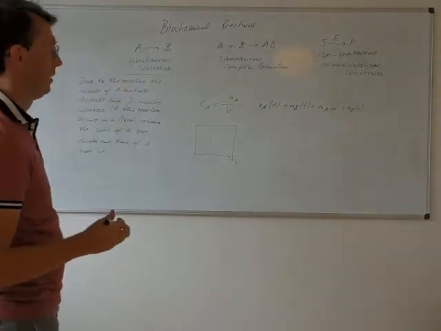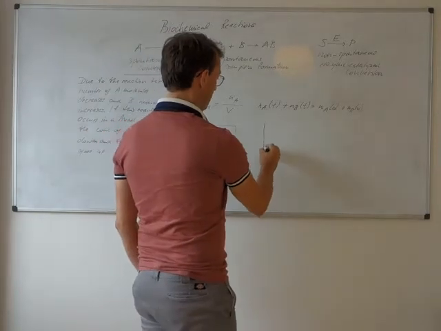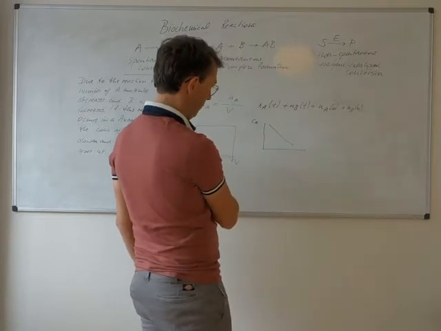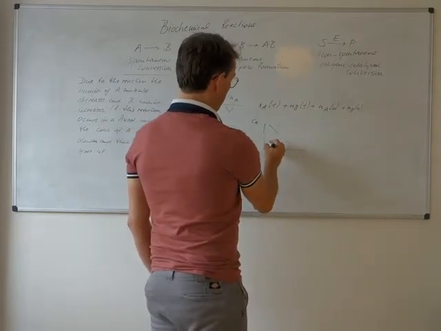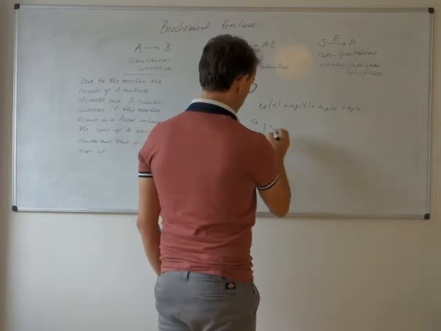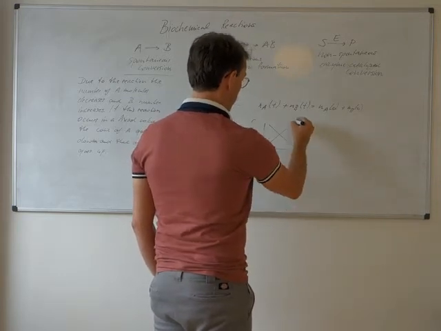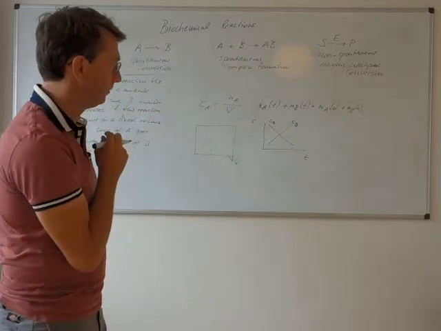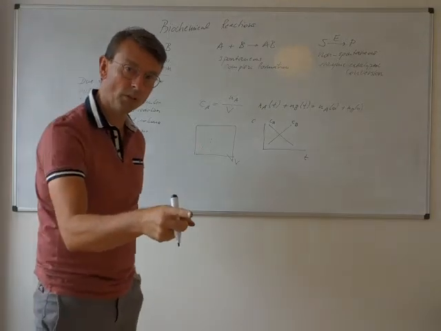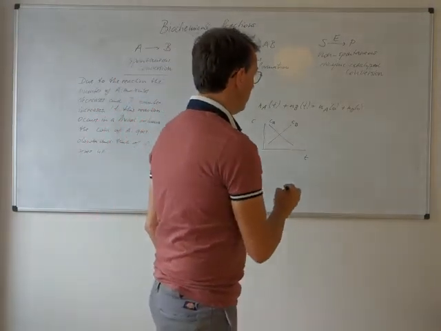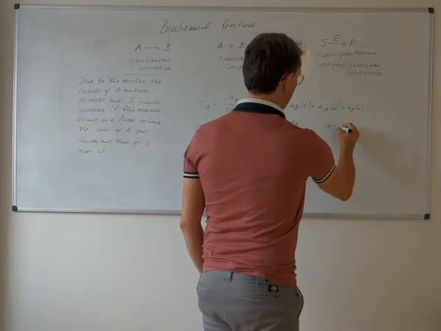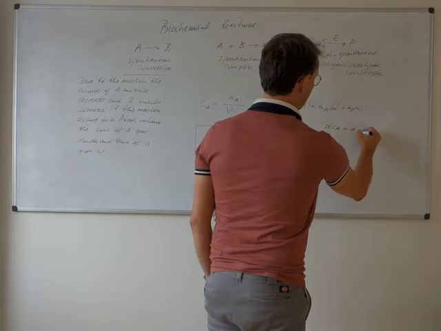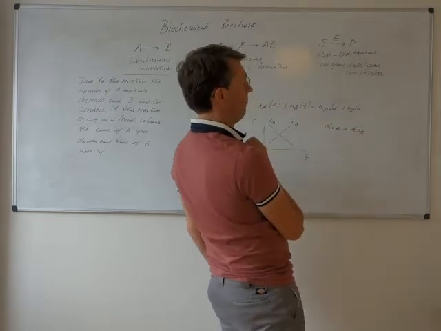So that must mean that if the concentration of A goes down, that of B goes up. In fact, I know if I lose one molecule of A, I gain one of B. So the change in the concentration of A is going to be equal to the change in the concentration of B. Always.